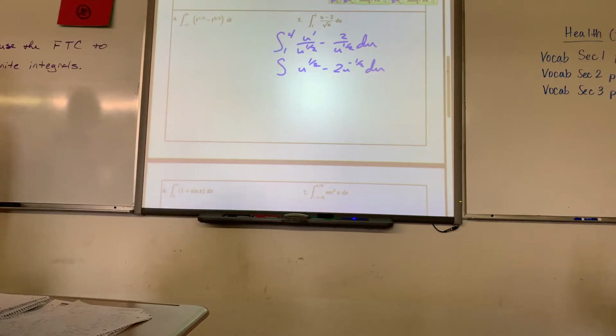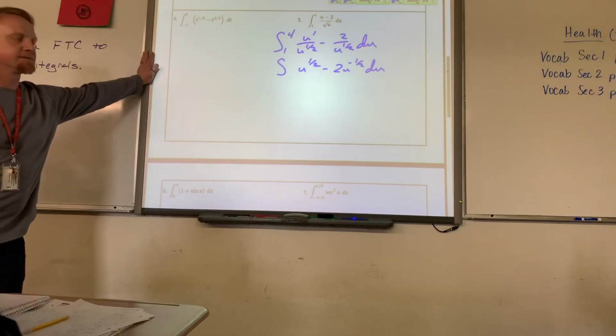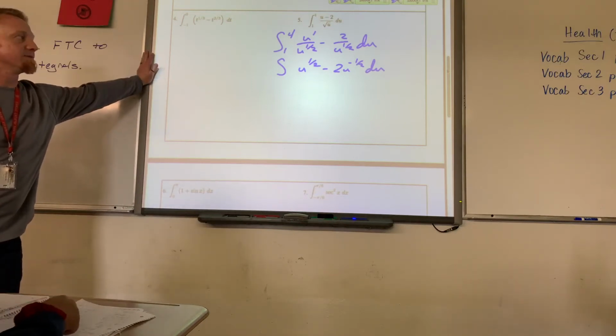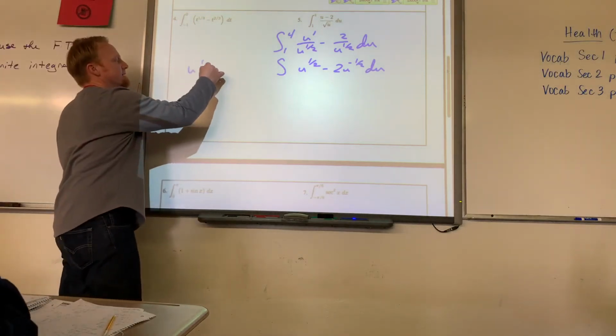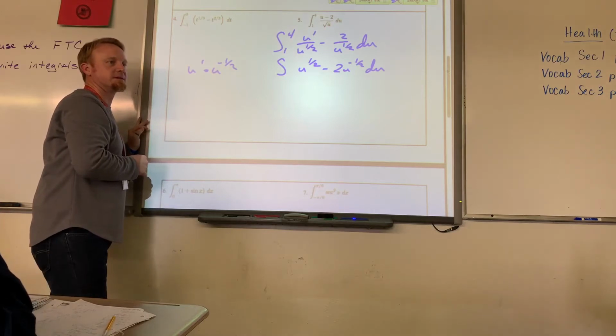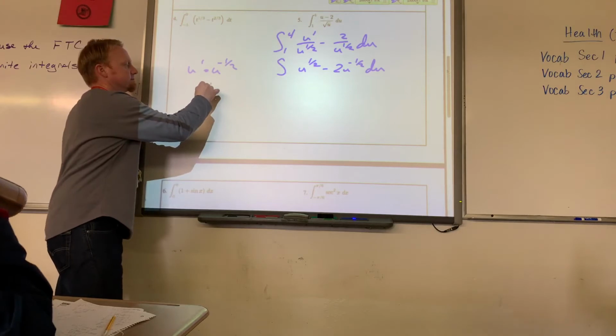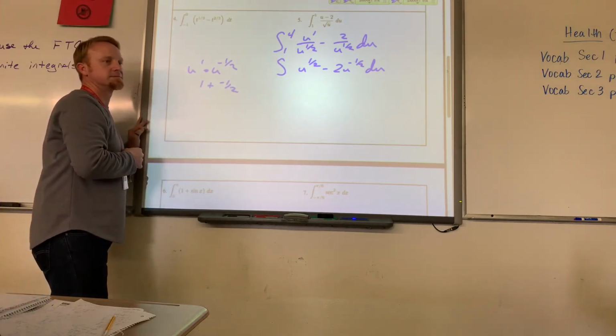You moved the u to the 1/2 up top, and 1 minus 1/2 gives you 1/2. So you're saying u to the 1 times u to the negative 1/2. That's subtracting.